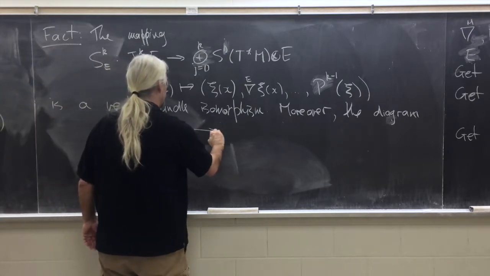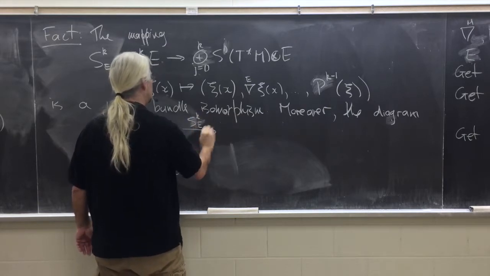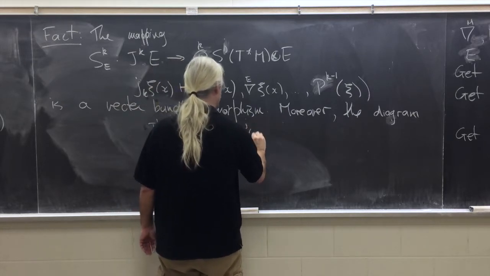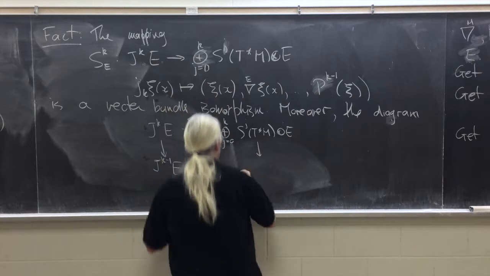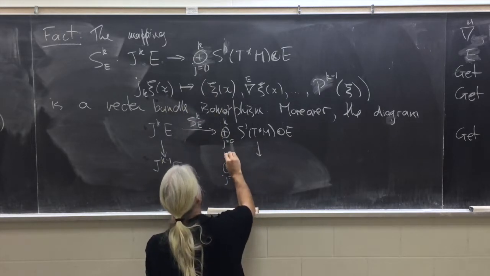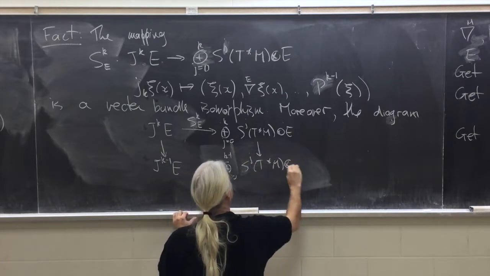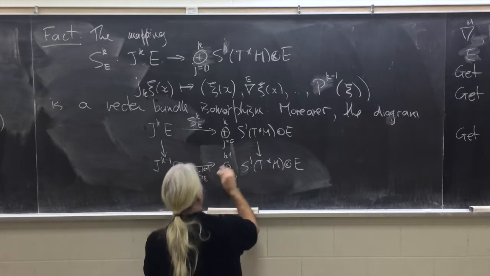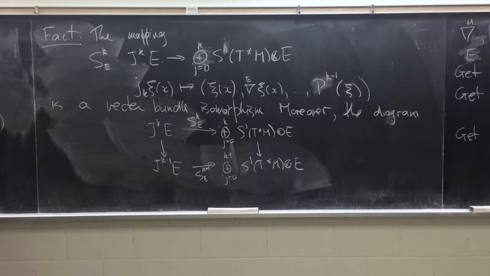We have these guys, this is S_k(E). The mapping here is just the obvious projection which strips off the kth component of the direct sum. All right, so for vector bundles, this gives us what we want, right?